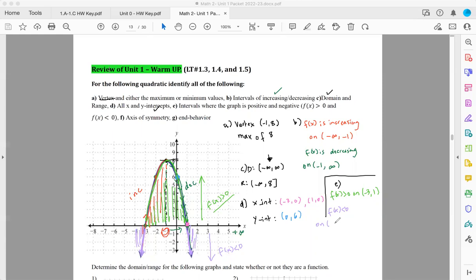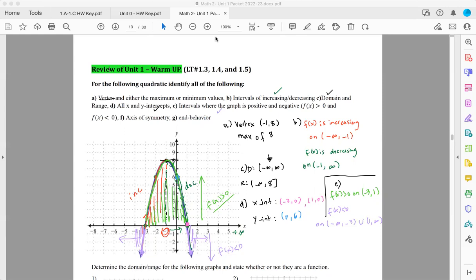So from negative infinity to -3, but then also add to that, union, from 1 and to the right, union (1, infinity). So to the left of -3 and to the right of 1. And this is it for intervals where the graph is positive and negative.